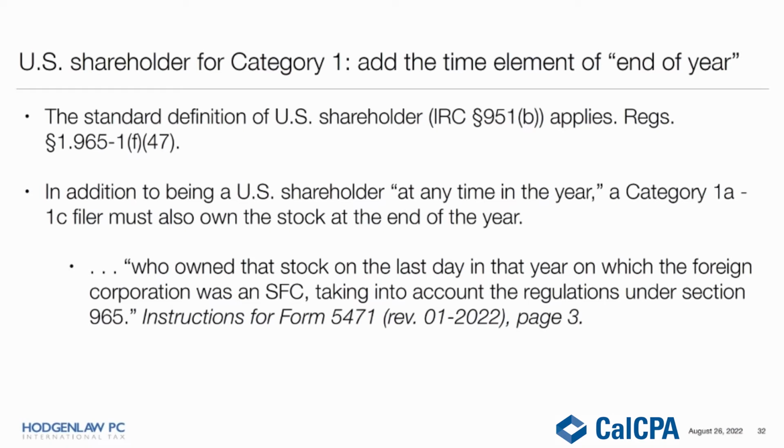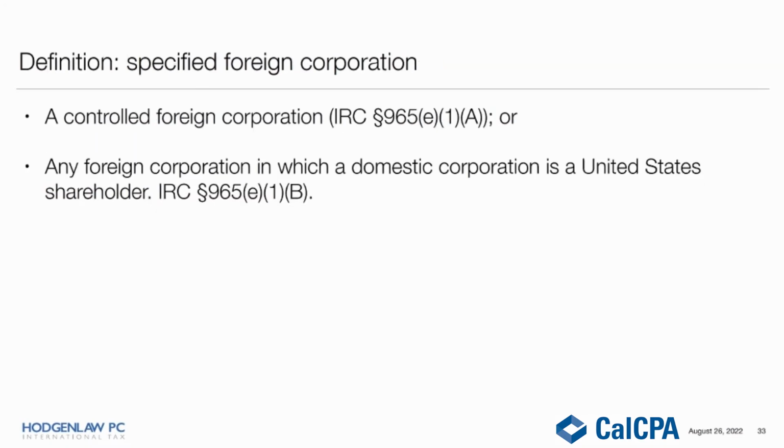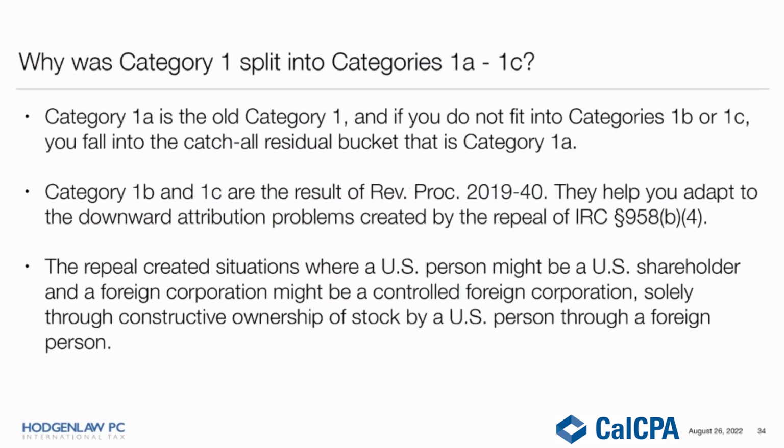So we're not talking about December 31 or the end of the fiscal year, where it's a sort of combination of either the end of the fiscal year and you're still a shareholder, or you terminated your status, or you were a 10% shareholder and you sold 5% and now you're no longer a U.S. shareholder, that kind of thing. So the two things that make you a specified foreign corporation are either the foreign corporation is a controlled foreign corporation, or a U.S. corporation was a shareholder in this thing. So that's pretty mechanical. You can figure out whether you've got one of these Category 1 specified foreign corporations.